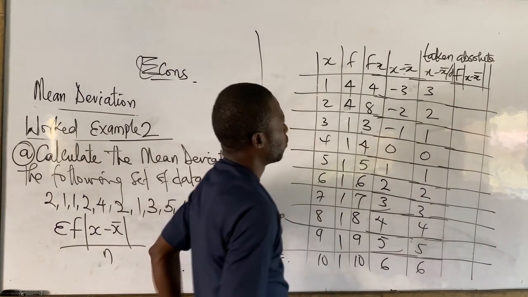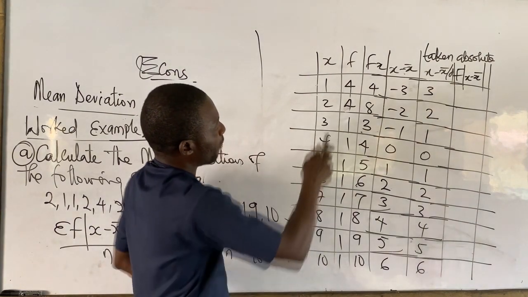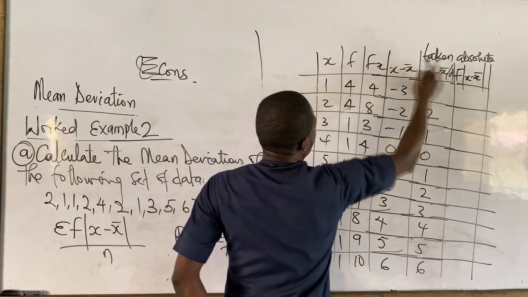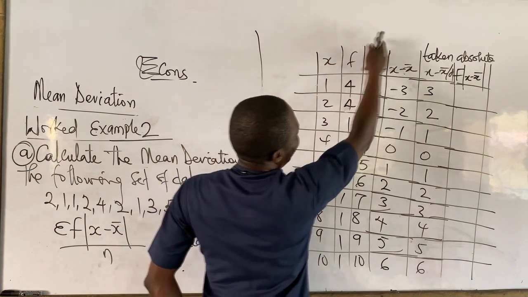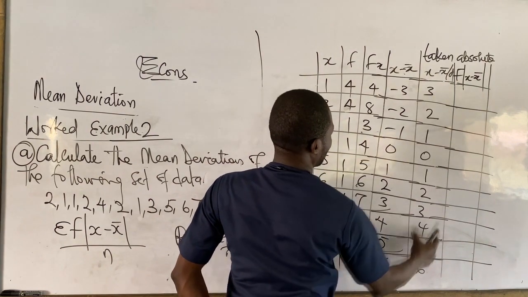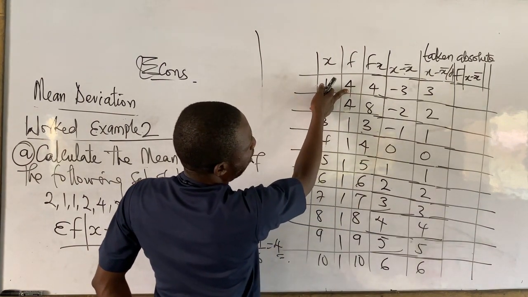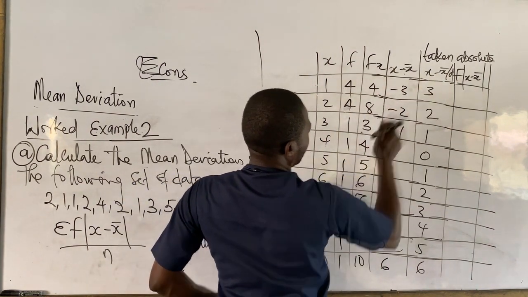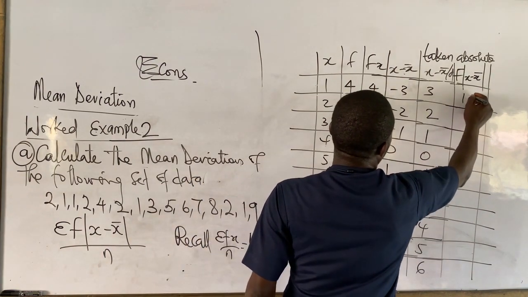How do we get that? We are going to quickly look at our frequency, which is our f here. We multiply it with our absolute values, which are all positive. So we have 4 here times 3, which gives us 12.